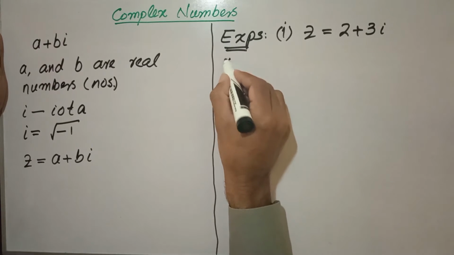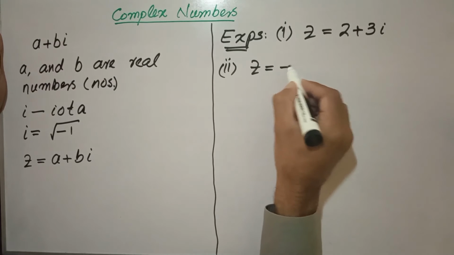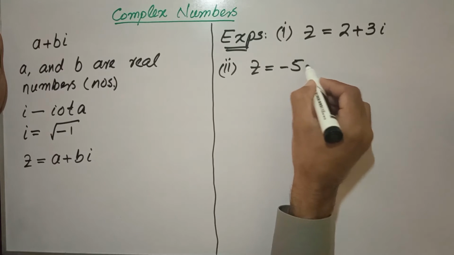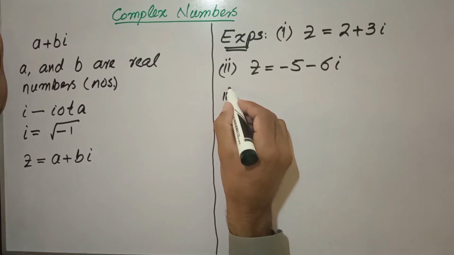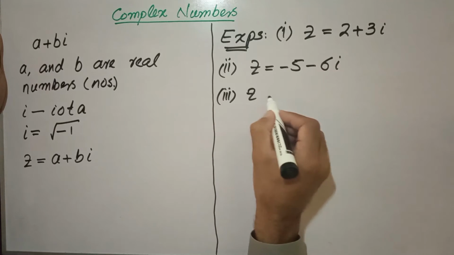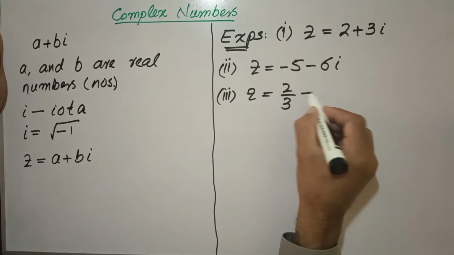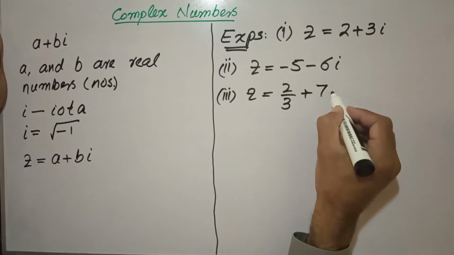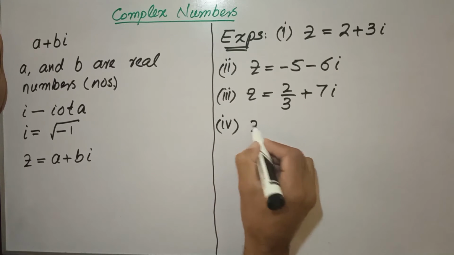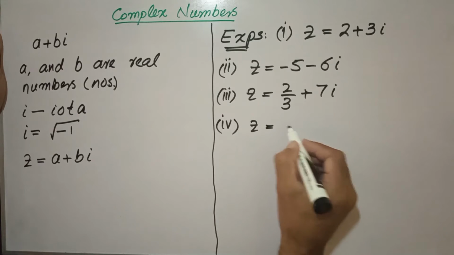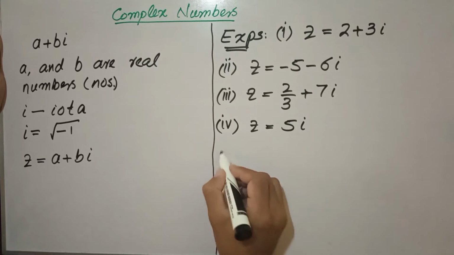Second example, we may have a complex number of the form -5 minus 6 iota, or we can have z is equal to 2 by 3 plus 7 iota, or z is equal to 5 iota.